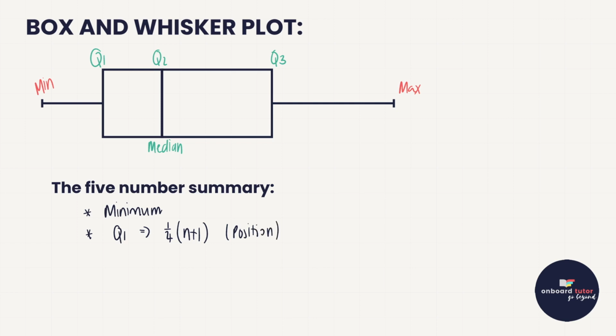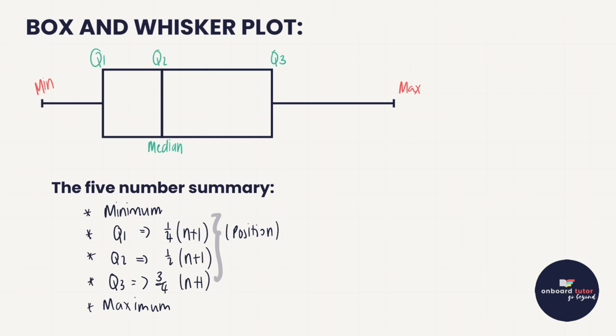Quartile 2, which is the same as the median, a half times n plus 1, tells us that location. Quartile 3 is 3/4 times n plus 1. And finally, the maximum score. In each case, like I said, this little formula tells us the position within the data.